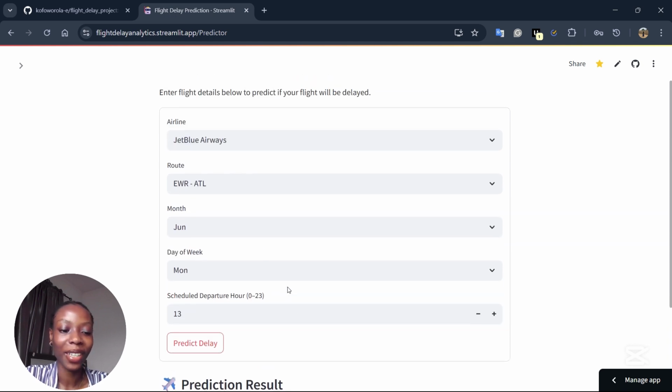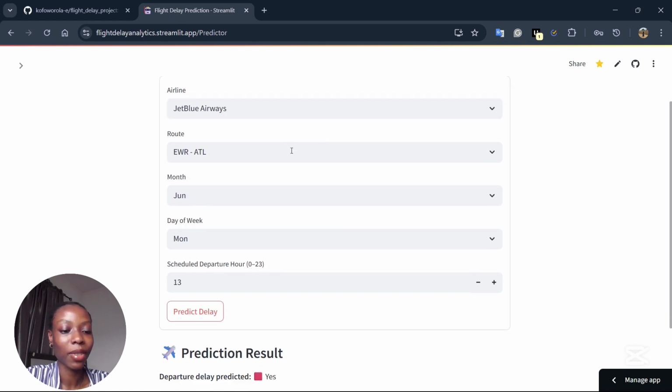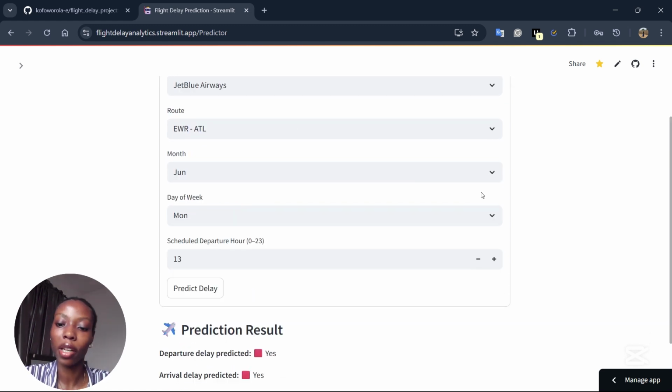So whoever is going to be taking this flight, expect delay. This is just a demo, but that's basically how it works. In future iterations and versions, I plan to integrate recommendations based on the predictions and the features that contributed to the predictions.